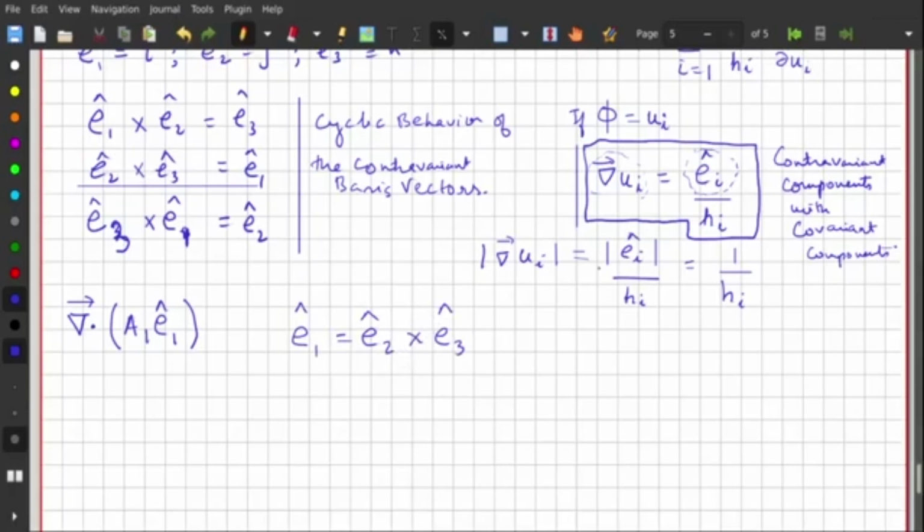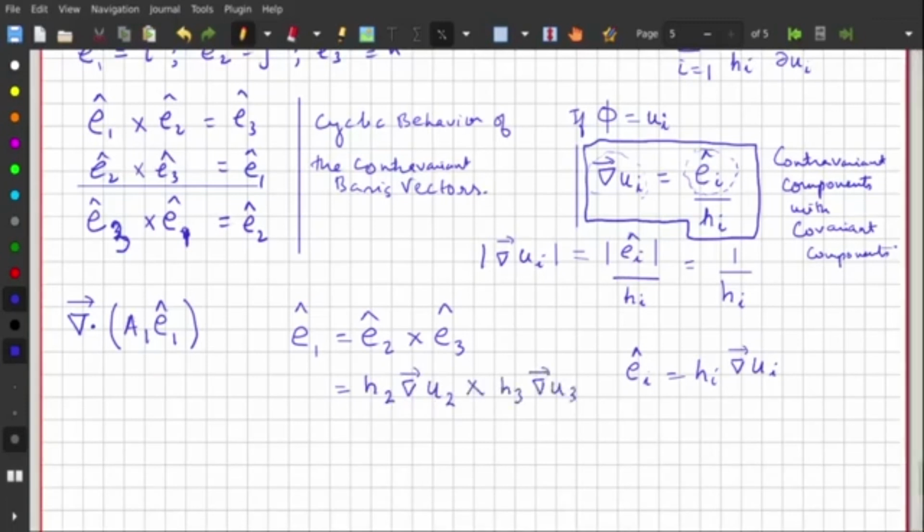And then using this expression which we just now derived, where we had e_i hat is h_i grad u_i, we can rewrite this as h2 grad u2 cross h3 grad u3.